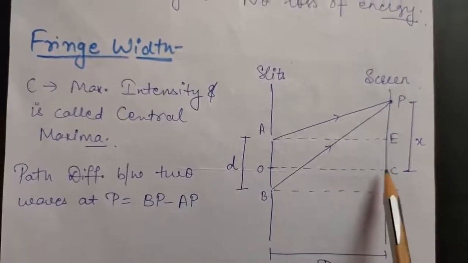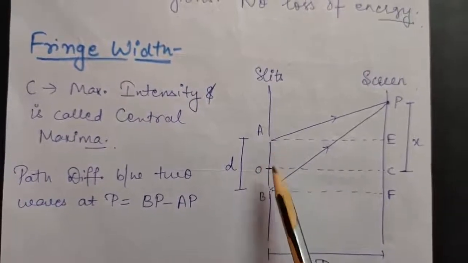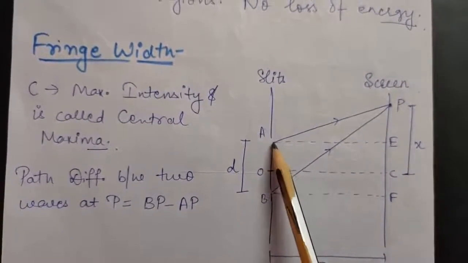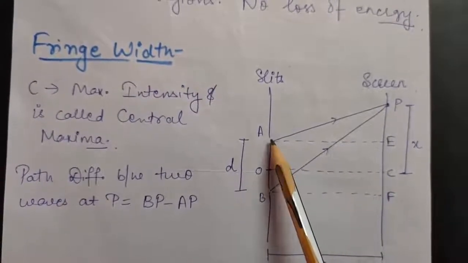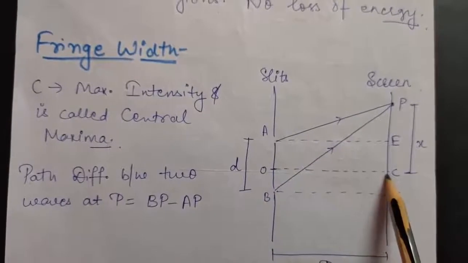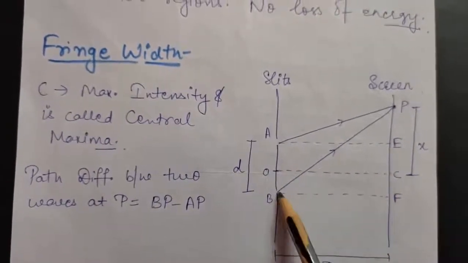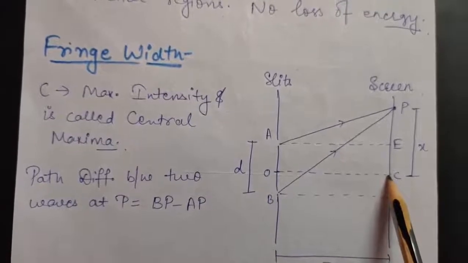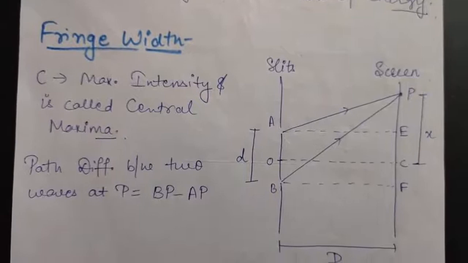Now see, if the light rays are coming from A and B, and if you consider point C, then as you can see, A and B are at equal distance from C. That means there will be no path difference in the light waves coming from A and B to C. Therefore, you can say path difference will be 0.